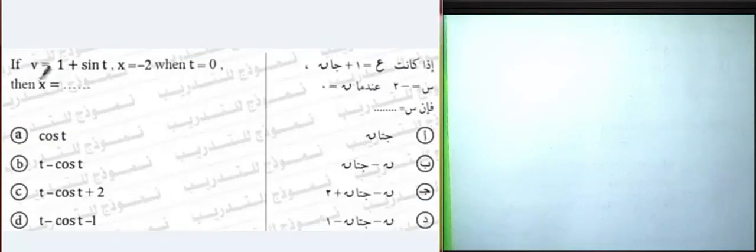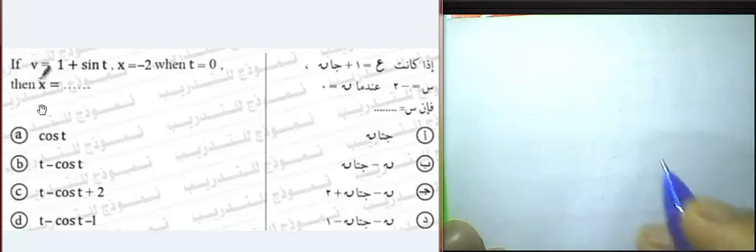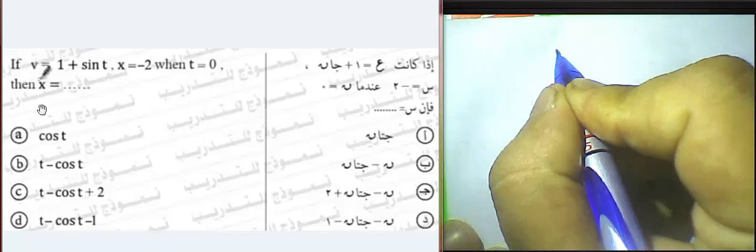Another question: if velocity equals 1 plus sine t, and x equals negative 2 when t equals 0, then x equals what? We know x equals the integral of v dt.